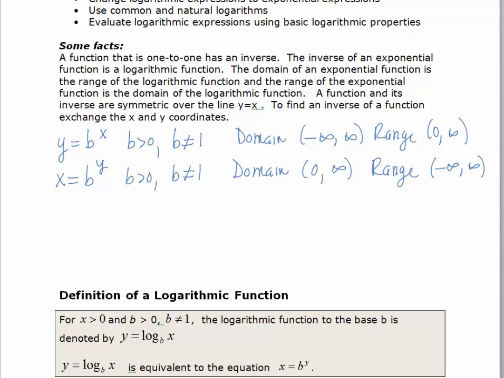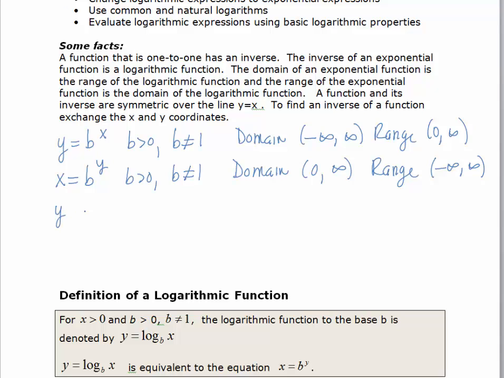Now, what's different about this equation right here is that y is not isolated. We don't have y in terms of x. And so when this is the case, we call this an implicit equation, and we'd like to write it explicitly. So we're first going to talk about what y actually is. y is an exponent. And so if we write down verbally what y is, we'll then translate that into a new symbol.